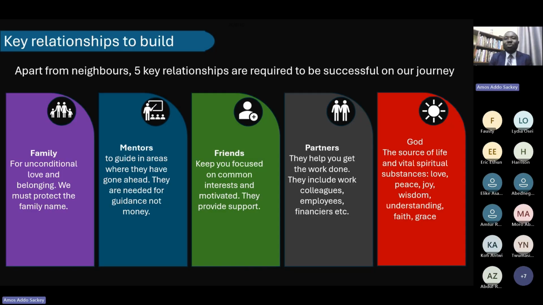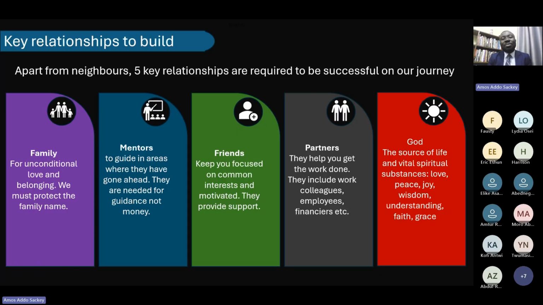Sometimes we follow people on Facebook, on other social media platforms, and we call them mentors. No, a mentor must know you and must agree that they are helping you to get somewhere.